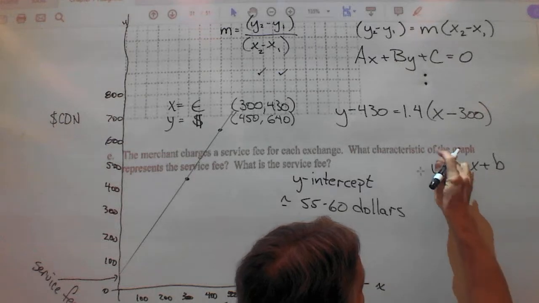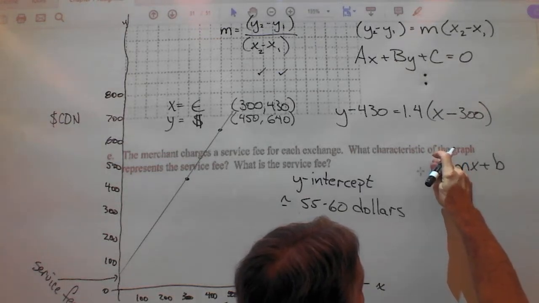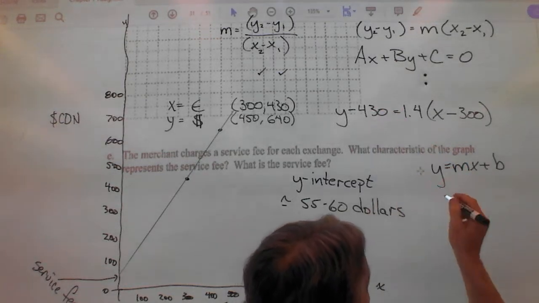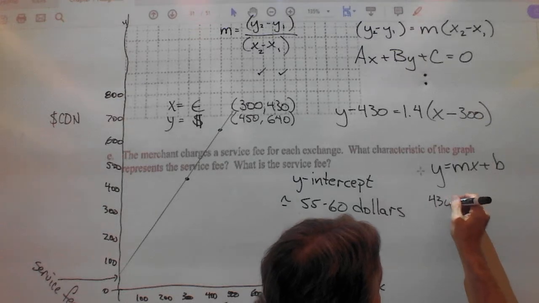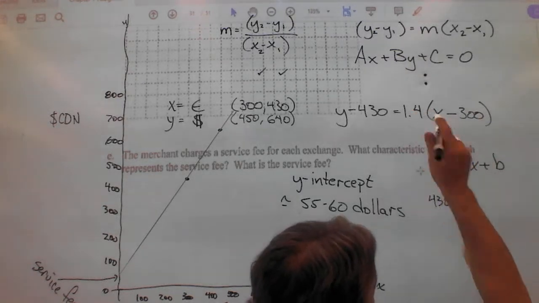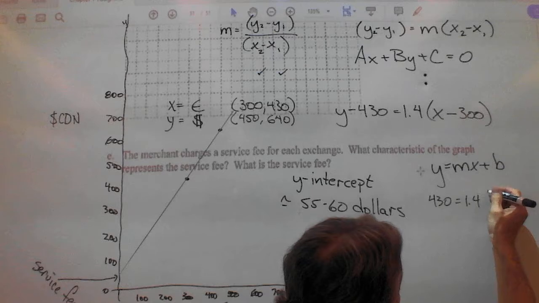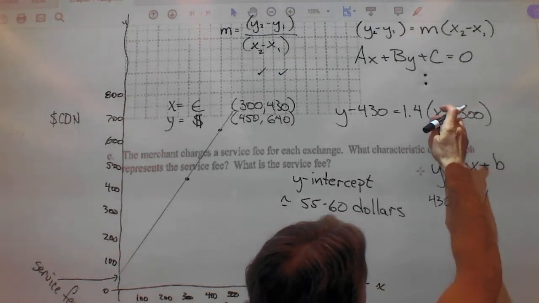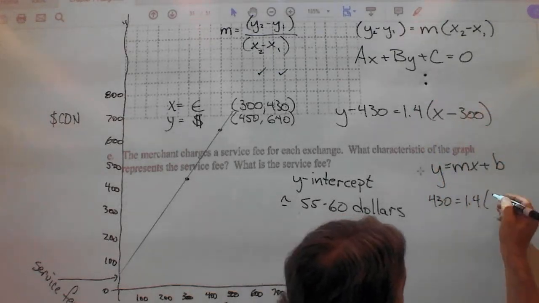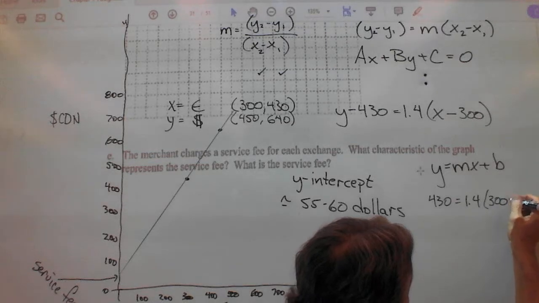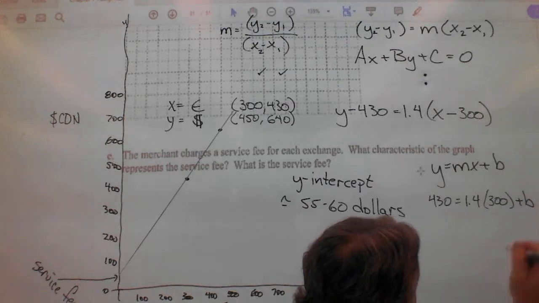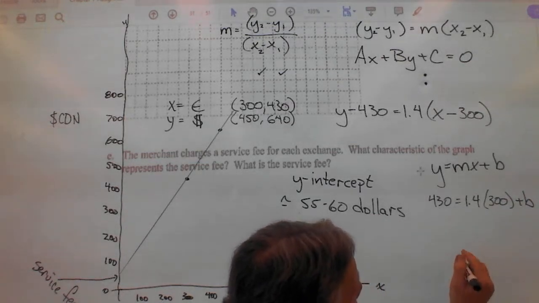So I know that my value for y is 430. I know that my value of the slope is 1.4. I know that my value in this case for x is 300 plus b, and then I just simplify, okay?